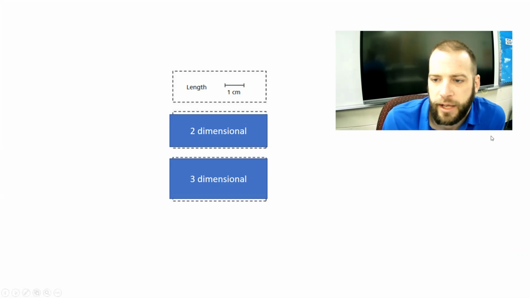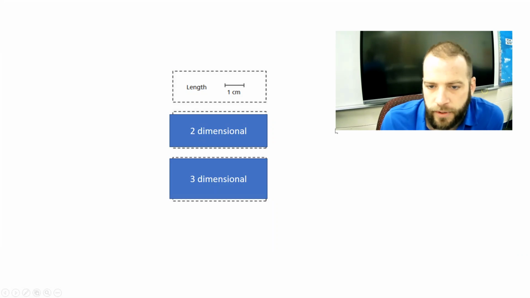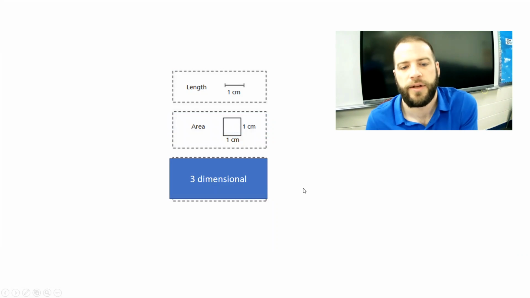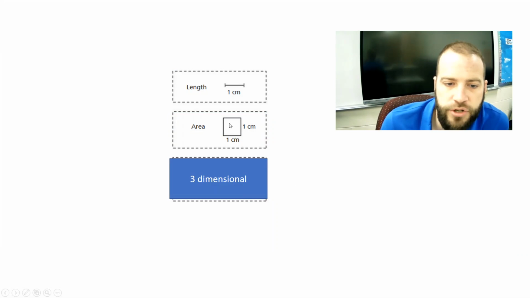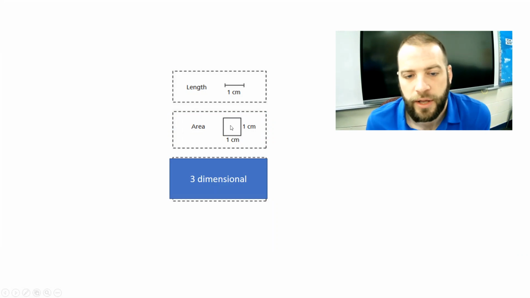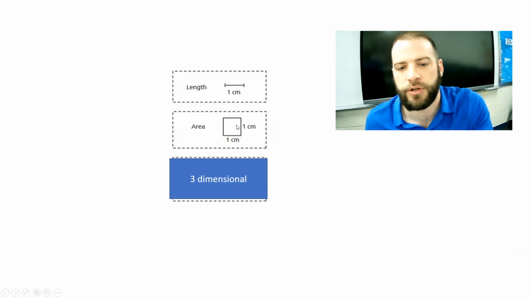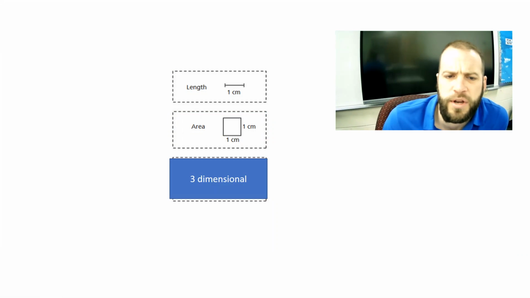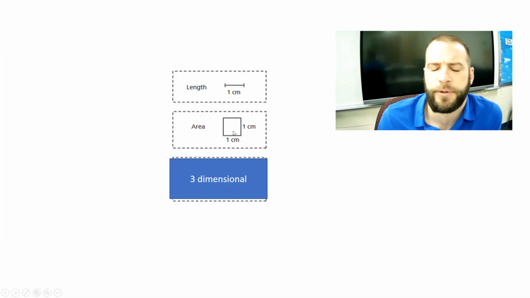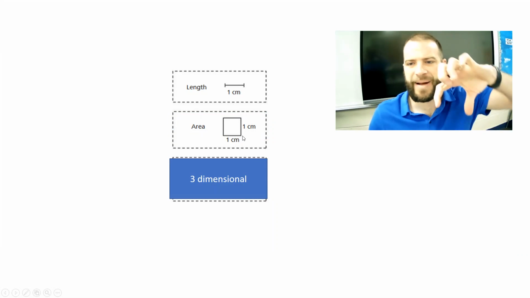You multiply a length by a width. This is an example of a two-dimensional area, 1 by 1. So the area would be 1 cm squared because it's a two-dimensional object. So one-dimensional is just the length, or one measurement. An area would be two-dimensional, a measurement by a measurement.